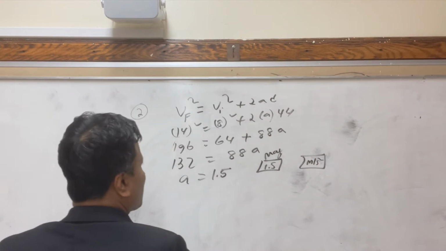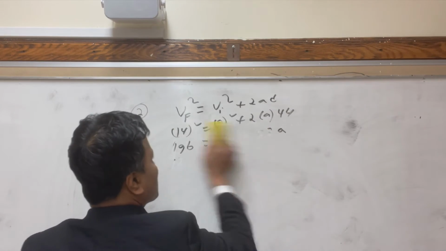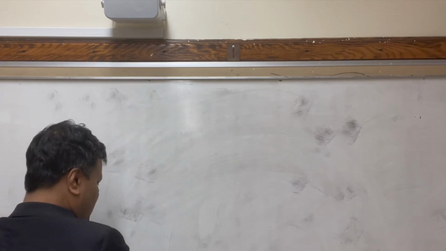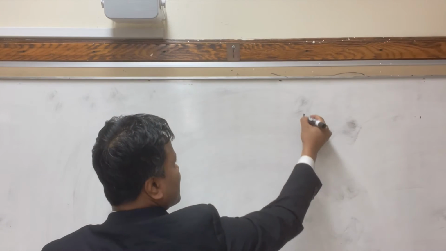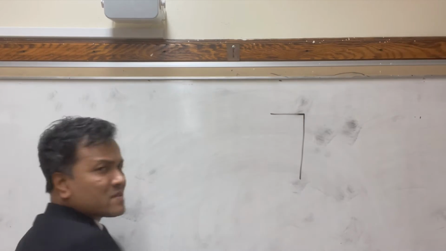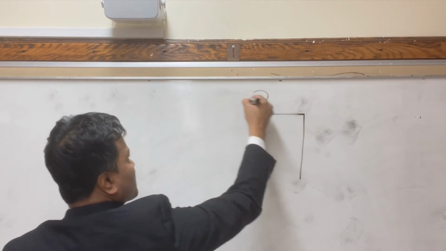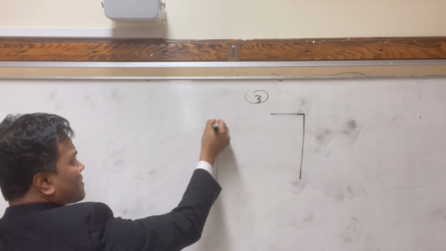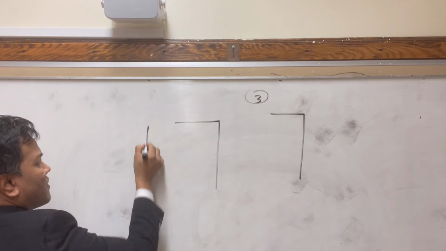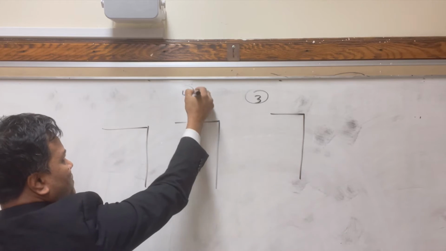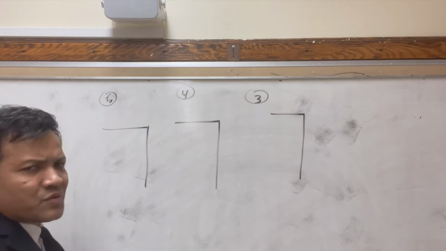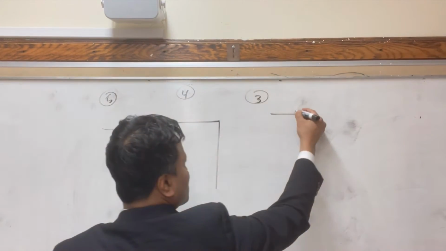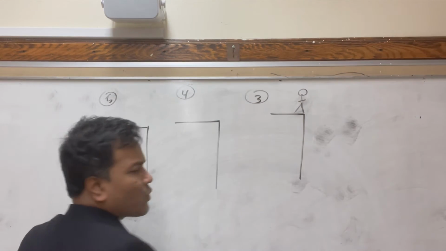Quiz number 4, questions 3, 4, 5 are similar. So I'm going to do 3 over here, and 4 and 5 over here. For question 3, you are on the rooftop minding your own business.